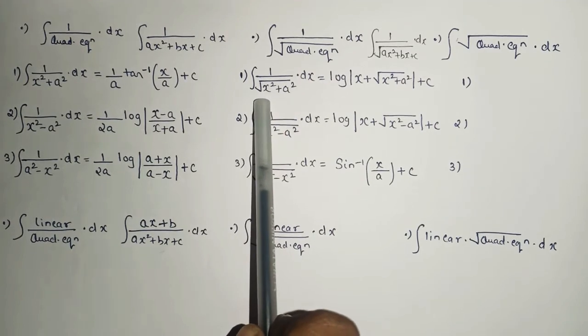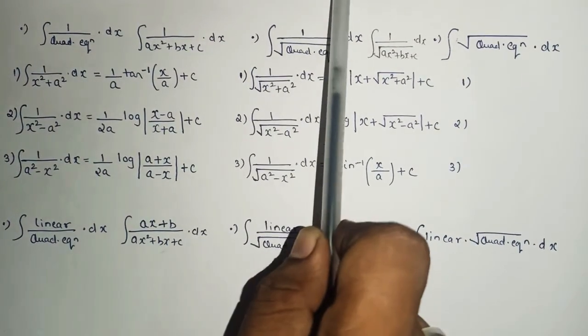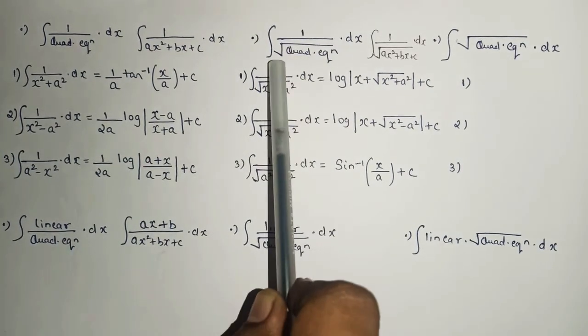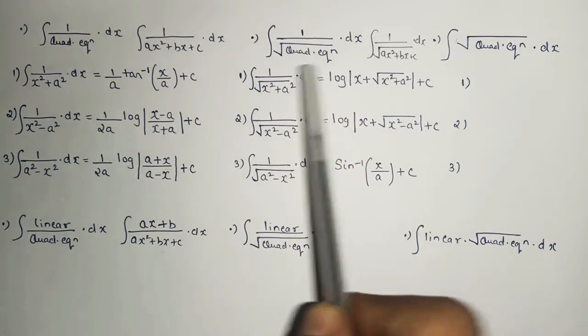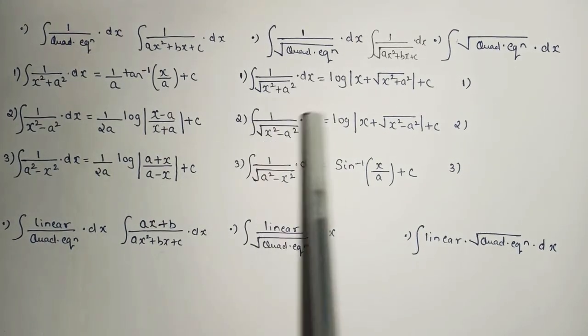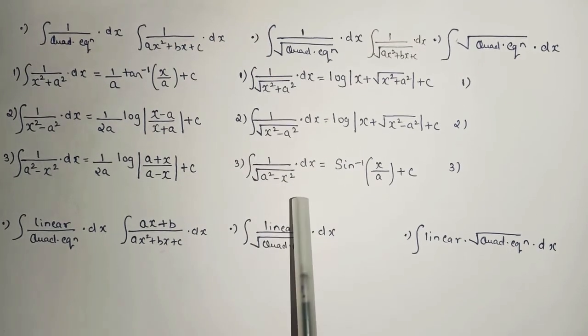Why is this inside the root? Because the question itself is inside the root, since the form is 1 upon root quadratic. So the three formulas will be 1 upon root x square plus a square, 1 upon root x square minus a square, and 1 upon root a square minus x square.